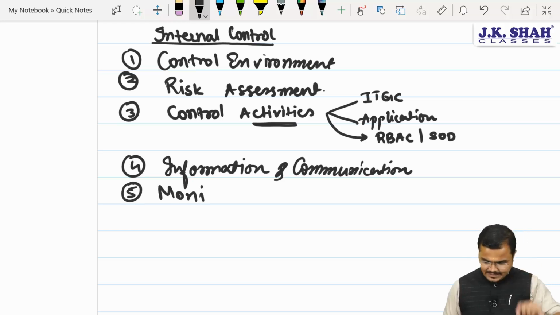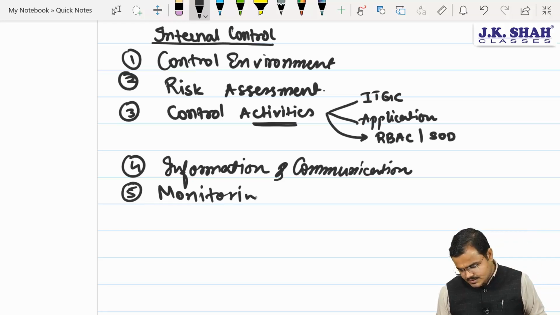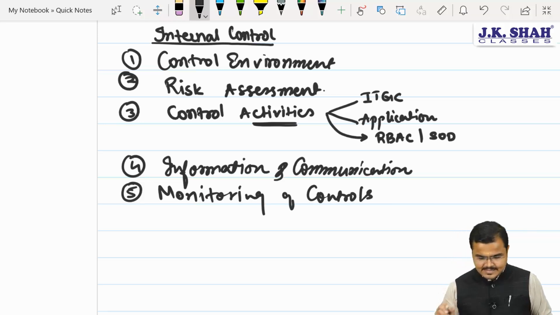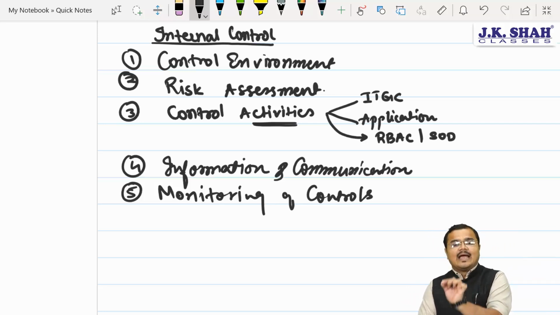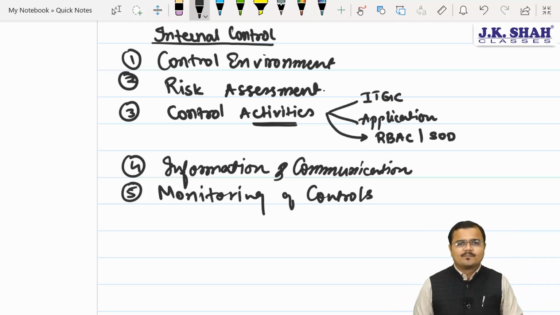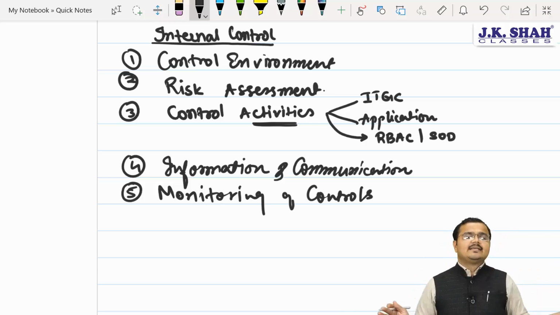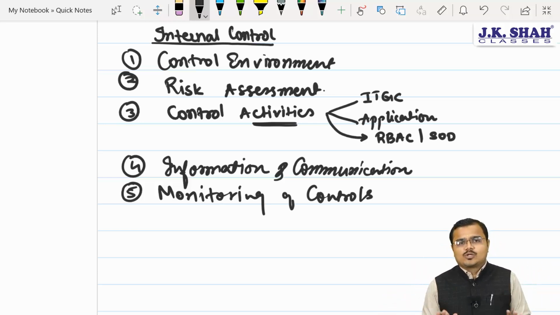See this, chartered, it is very important. Monitoring of controls. It is very important that we constantly and continuously monitor whether the controls are effectively and efficiently implemented or not. Many organizations fail over here only, chartered. They implement the controls. They think that having designed them means their work is over. No, sorry.